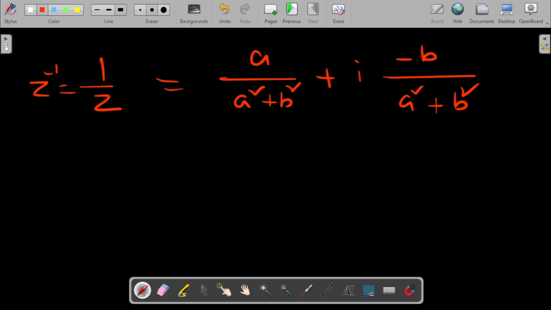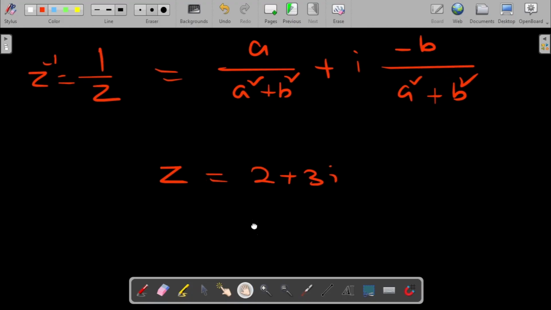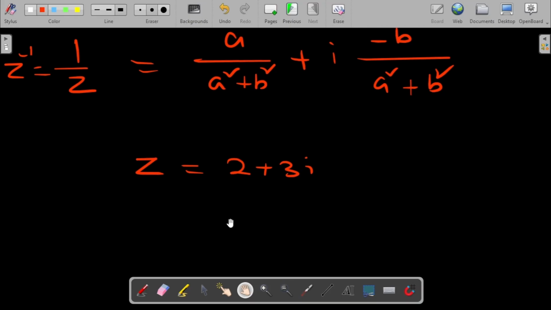Okay. So for example, if I take a complex number Z = 2 + 3i, then find the inverse of Z. That means 1 by Z, or Z inverse.